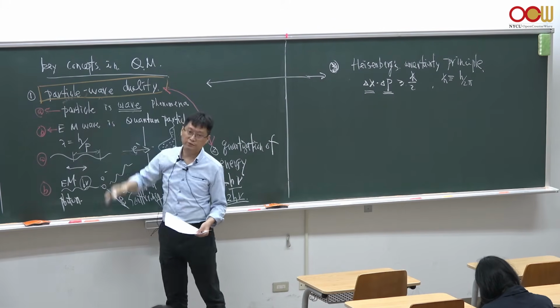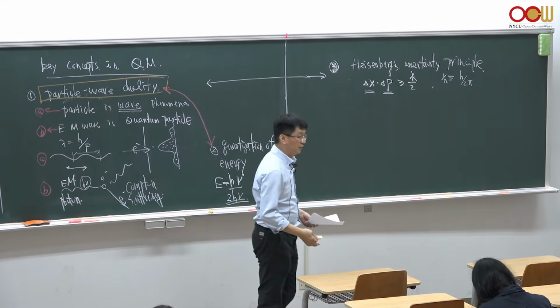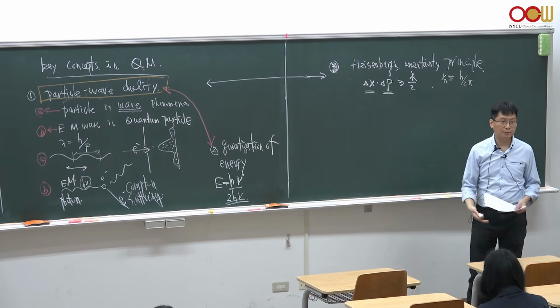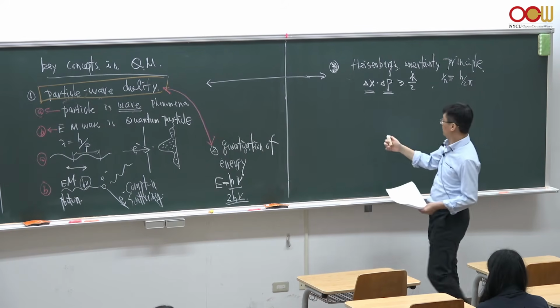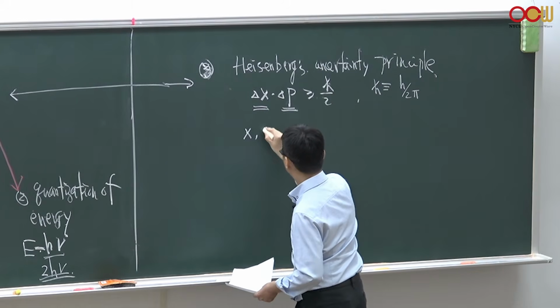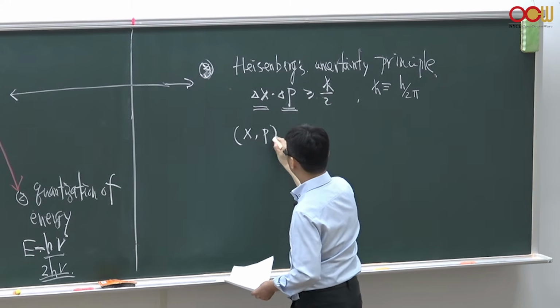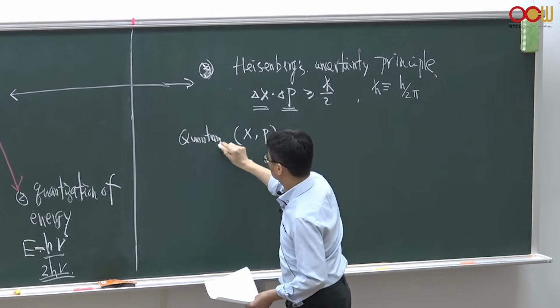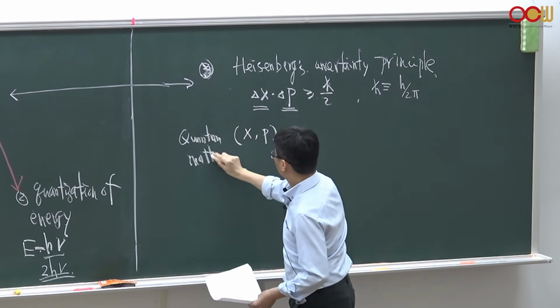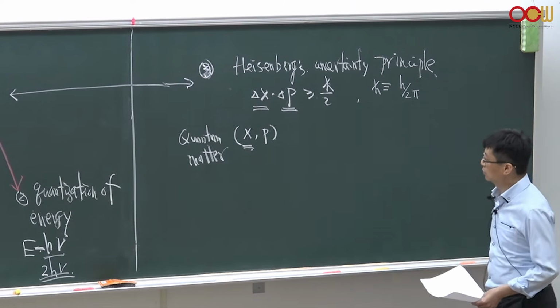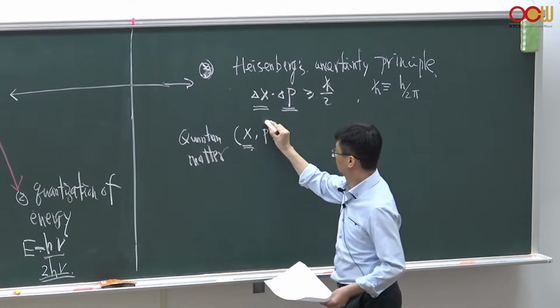And as I mentioned, because of this fundamental limitation of quantum mechanics, you cannot see the particle and wave nature simultaneously in the same experiment. If you want to describe a quantum particle, you need to characterize in a precise way both the position of that quantum matter and also its momentum.